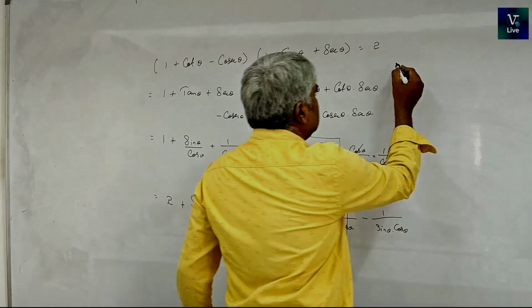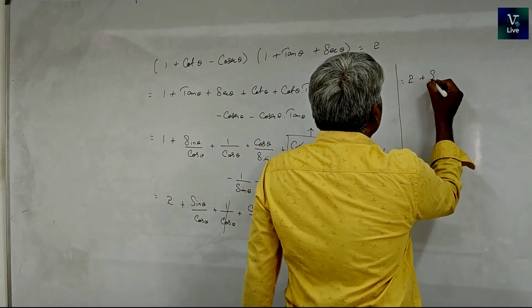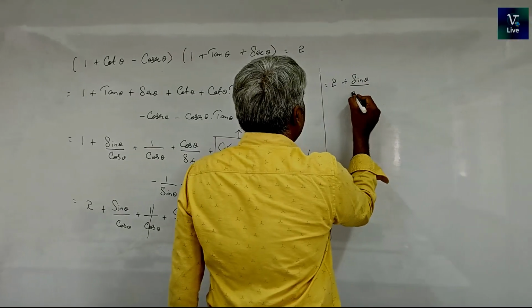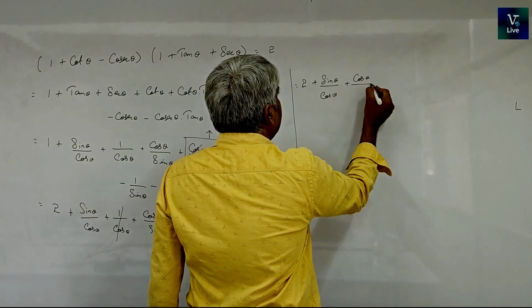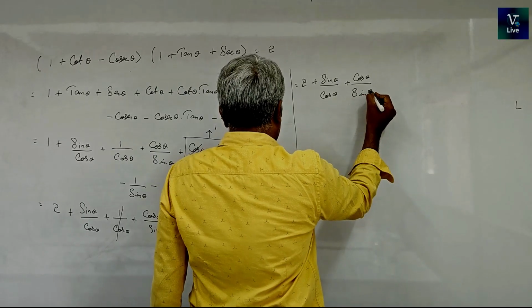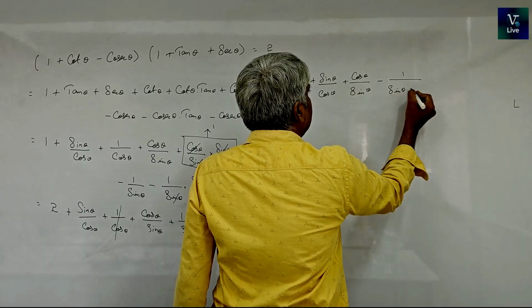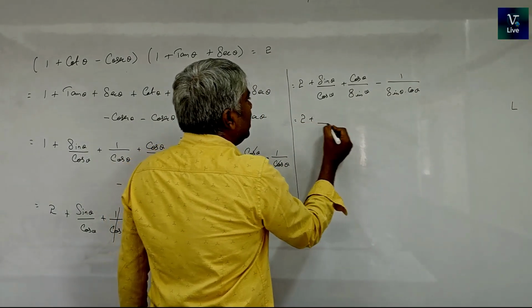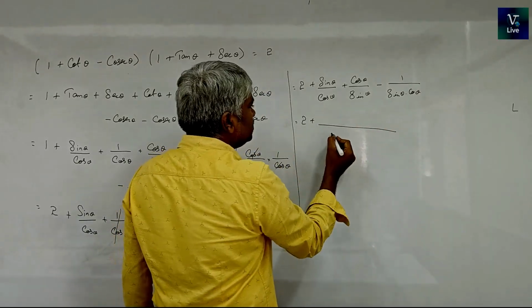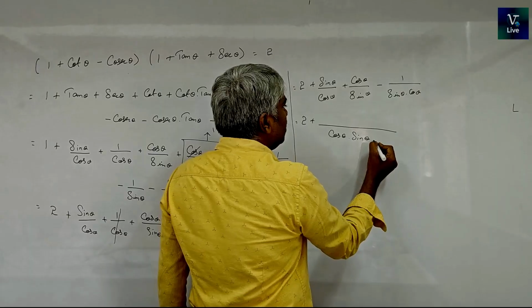Now the remaining terms are 2 plus sine theta by cos theta plus cos theta by sine theta minus 1 by sine theta into cos theta. Now I am going to take the LCM for all the terms, which is cos theta sine theta.